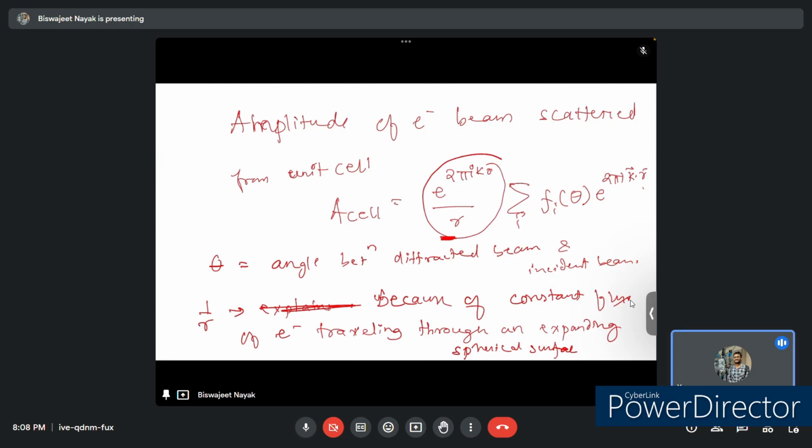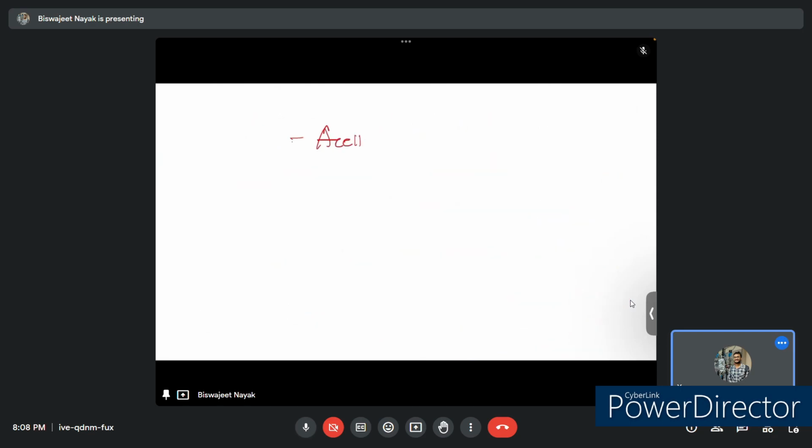As we are summing over all the atoms in the unit cell, we can again write this summation term as F_cell equals the sum of e^(2 pi i k.r) times f(theta). To find the intensity at some point P, we then sum over all the unit cells in the specimen.